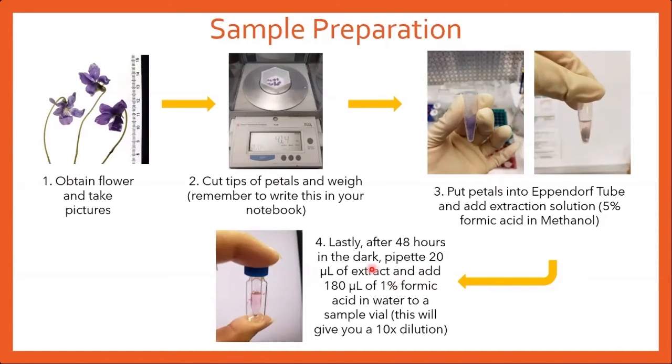We add the 20 microliters to 100 microliters of a 1% formic acid in water solution. This will then give us a 10x dilution. In this case, we use water when diluting, because this will help with our mass spec process. So after this, our sample is ready to be run.